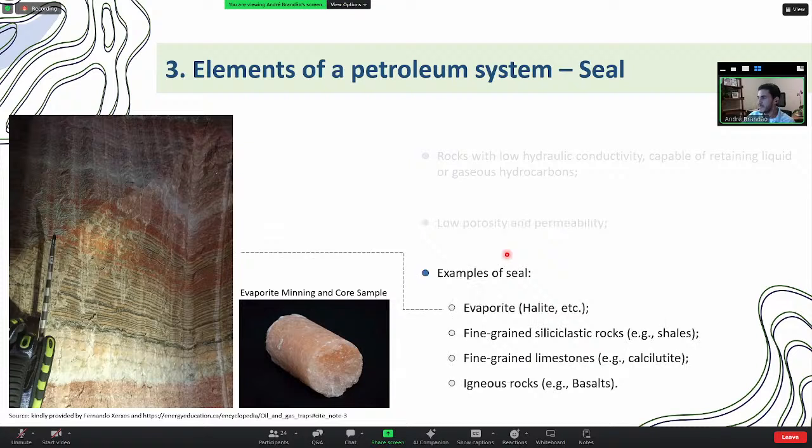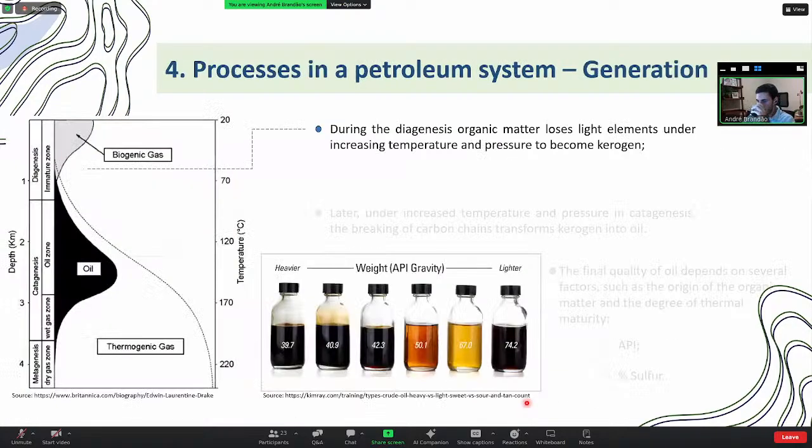I have a couple of examples of seal rocks. In this case, it's evaporites. This is a salt mine in Brazil. Here's an example of ore. But many other rocks can act like that, like shales, fine-grained siliciclastic rocks, fine-grained limestones, or even igneous rocks.